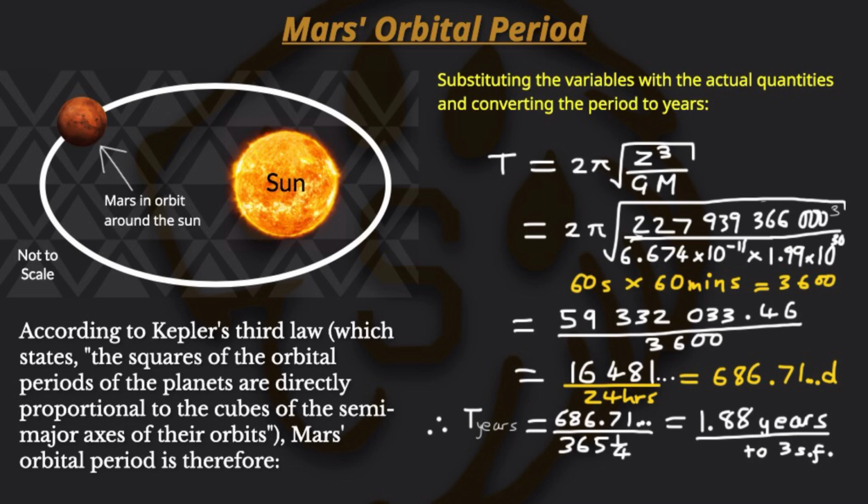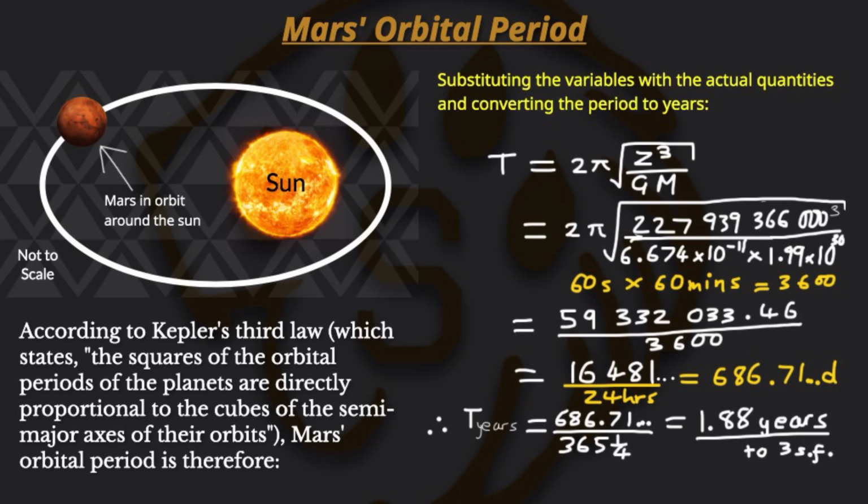We then divide the T in seconds by 3,600, and we get 16,481 point something hours. Then to find how many days are in those hours, we divide by 24 hours, since 24 hours make one day, and that gives us 686.71 point something days.